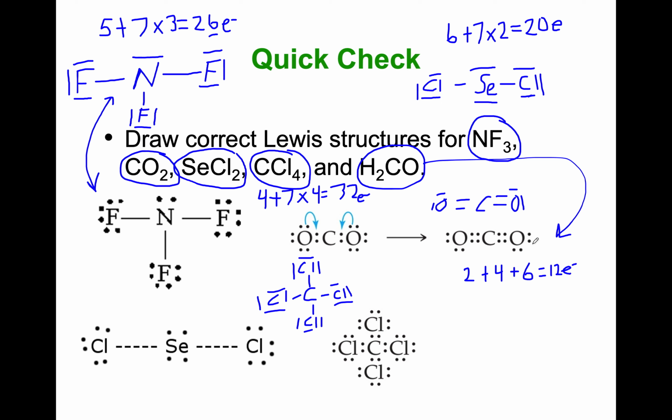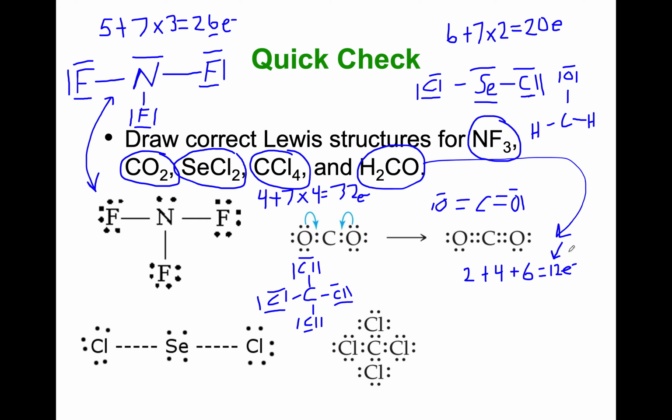Okay, so if we do this, I'm going to put it up here because the structure will be coming in there later. Draw the terminal atoms. Remember, hydrogen only gets a duet. It's good to go. If we put lone pairs all around the oxygen, that has an octet. That's good to go. So here's a good question. That's 2, 4, 6, 8, 10, 12. 12 and 12 matches up.